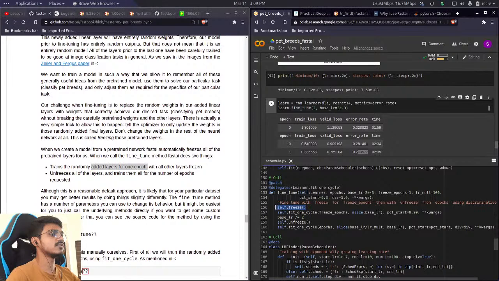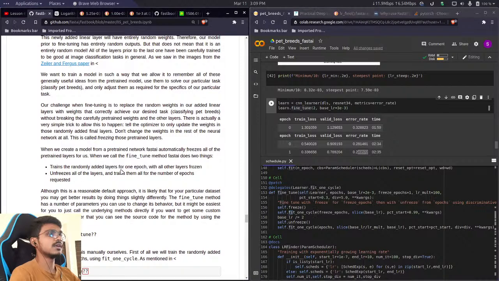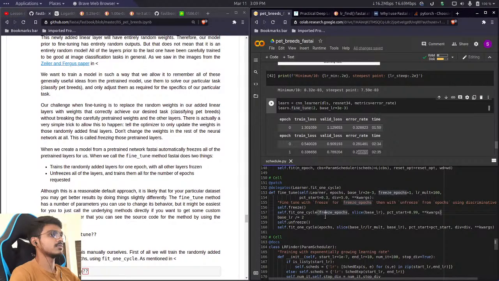So first it freezes all the pre-trained layers, and it fits one cycle. It trains the randomly added layer for one epoch. So it fits one cycle for freeze epochs, which is one, with the slice baseline.